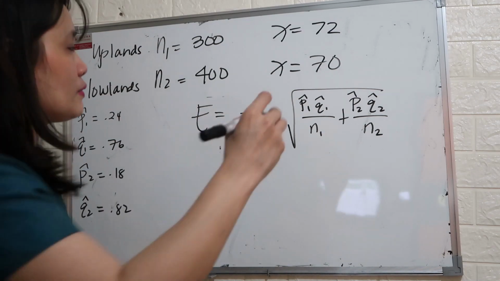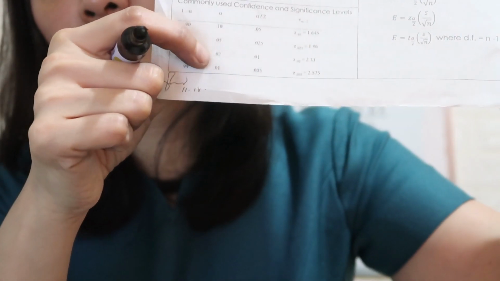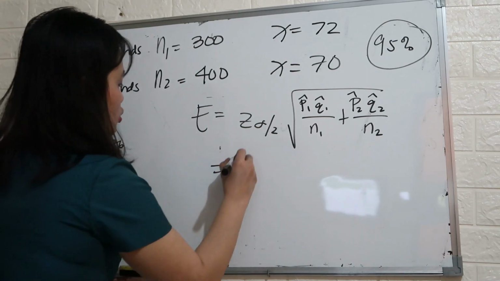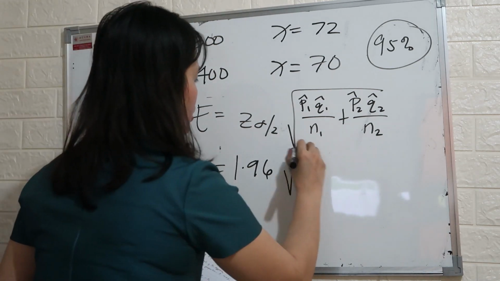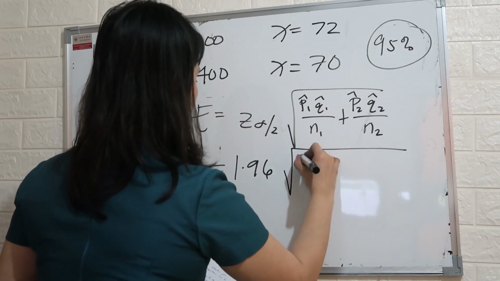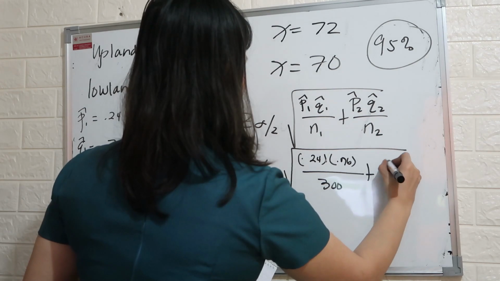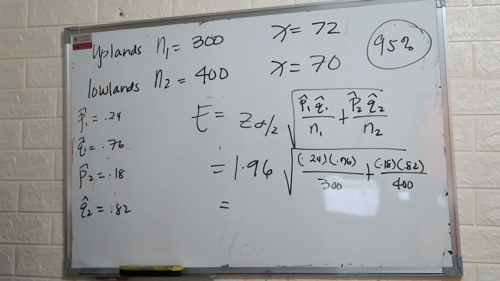The given is 95%. Using the table, we identify the z alpha over 2 for 95%, which is 1.96. And then just simply substitute: 1.96 times the square root of 0.24 times 0.76 over 300 plus 0.18 times 0.82 over 400.